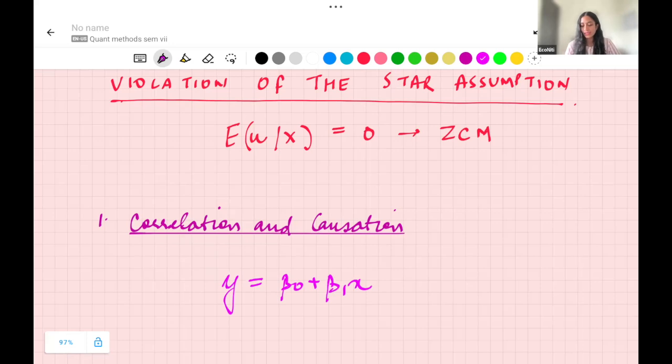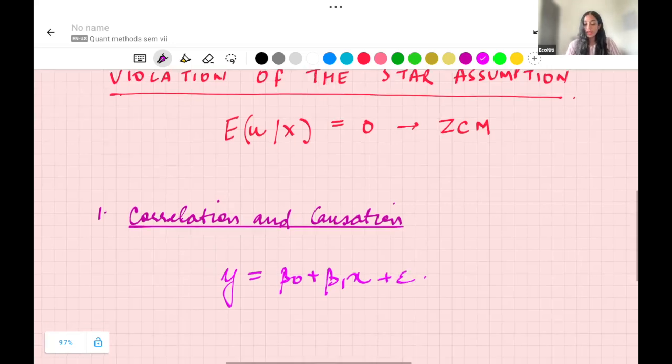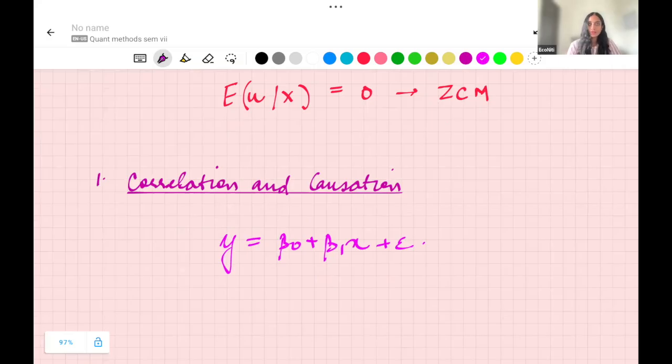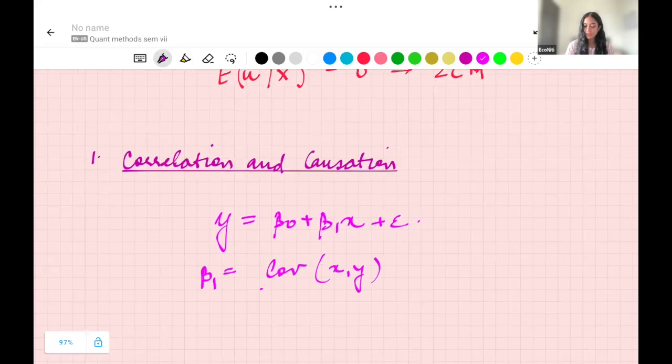If this is your model, and when you estimate it using OLS, then the expression for beta 1 can be written as this. So it is the covariance between x comma y divided by the variance of x.